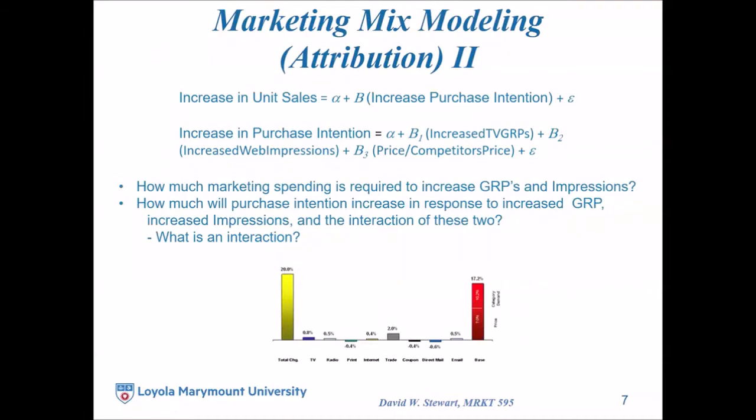Another term you will hear in addition to marketing mix modeling is attribution. If you go down the hill and talk to all the digital companies down there, they don't talk about marketing mix modeling, they talk about attribution. By the way, it's the same thing.